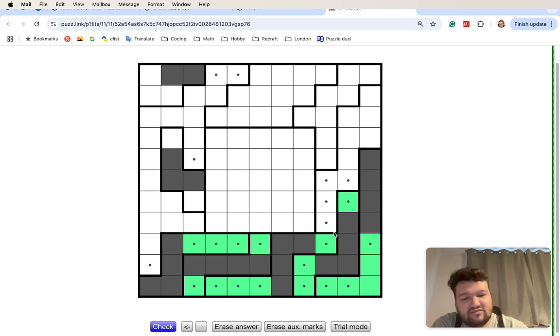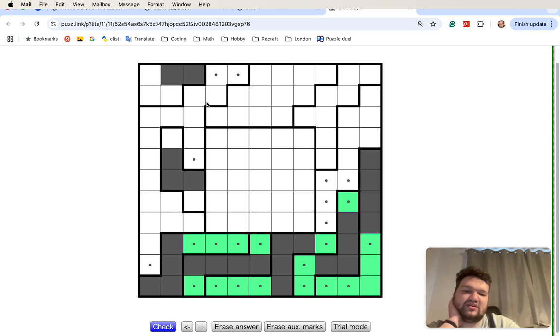I think we need to go further in this upper right corner. We have this part that is disconnected from everything else right now, and we remember that at the end everything must be connected.